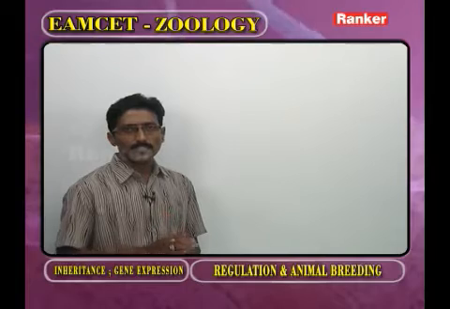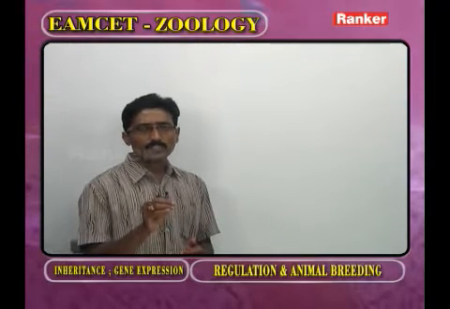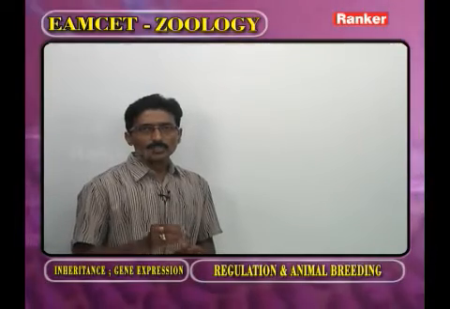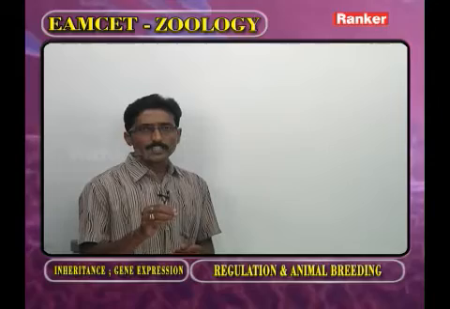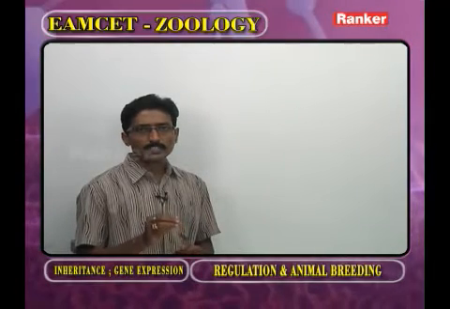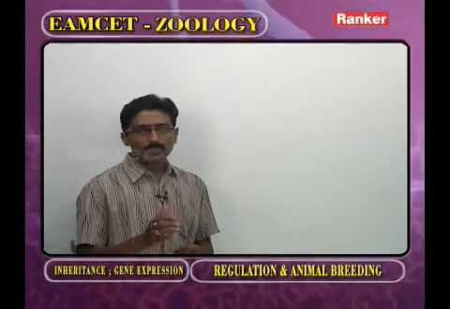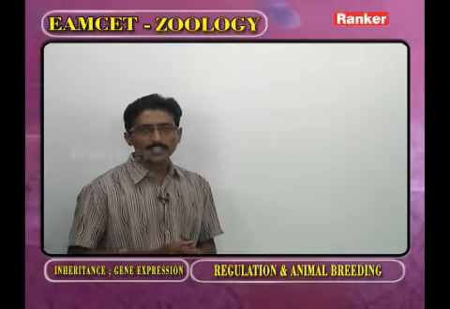We are going to discuss what type of questions are going to be asked in the EAMCET examination. As usual, while discussing each and every question, we have to discuss some important bits. Now we go for the remaining part of blood groups and sex determination.